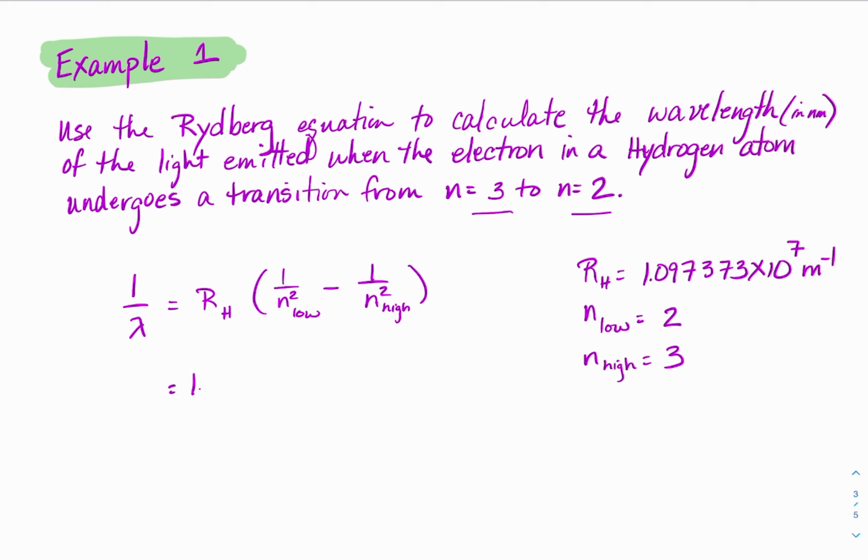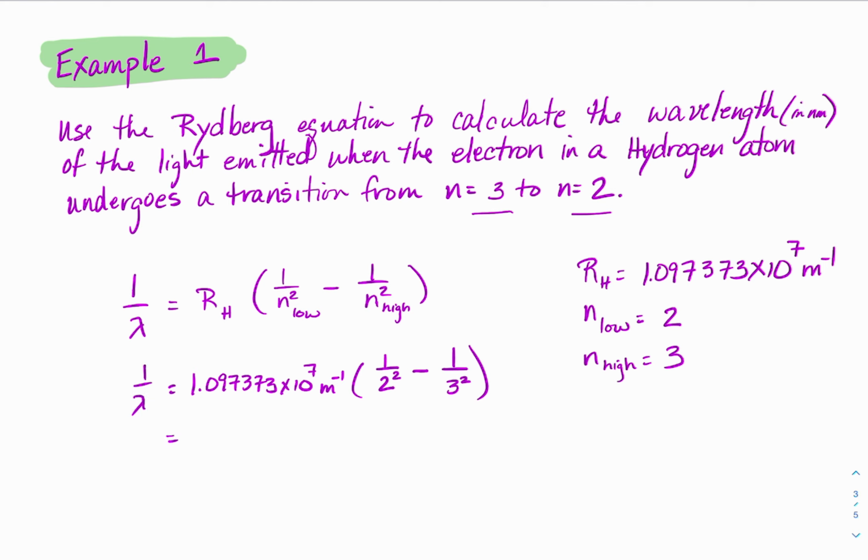So we have 1.097373 times 10 to the 7th per meters times 1 over 2 squared minus 1 over 3 squared, and that will equal 1 over wavelength.